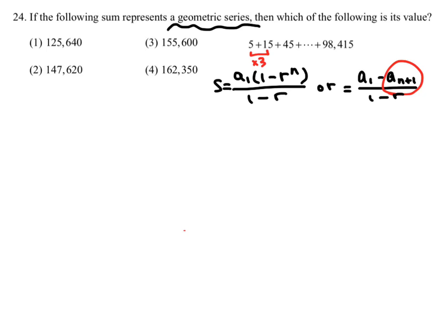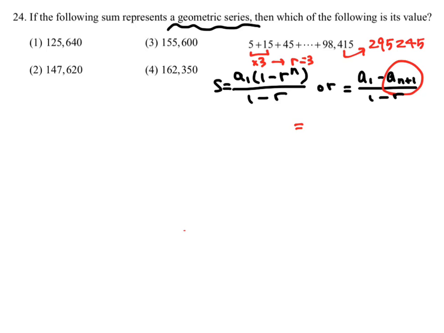Since we get the next term by multiplying by 3, r is equal to 3 here. So the term after the last term would be 98,415 multiplied by 3. Then we get 295,245.